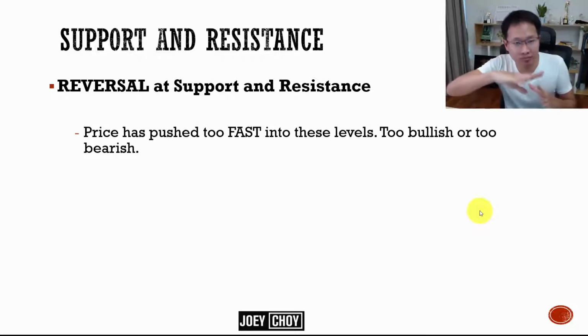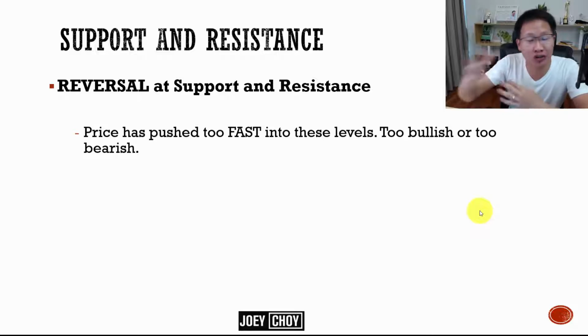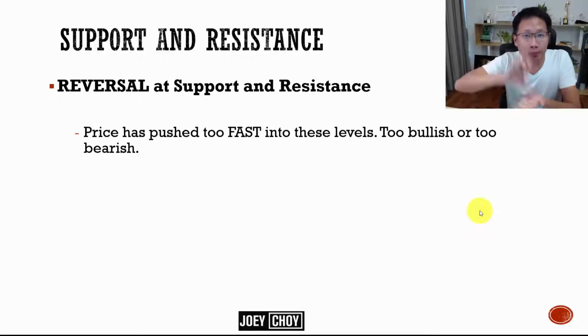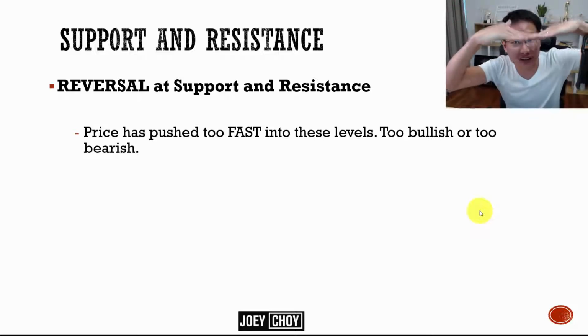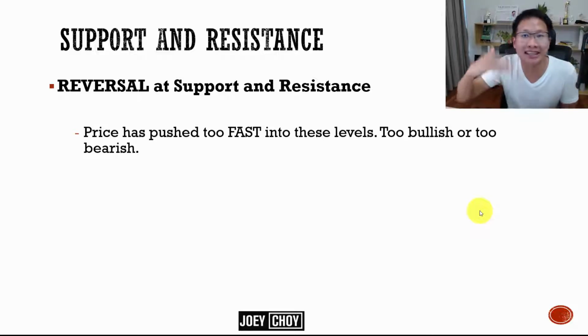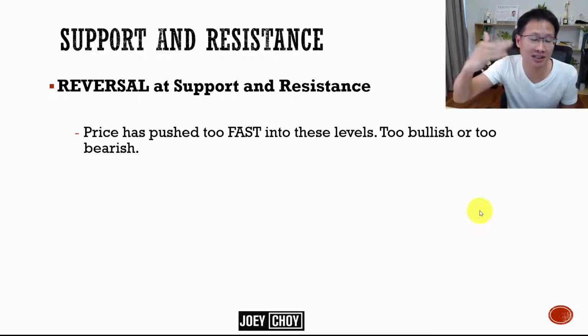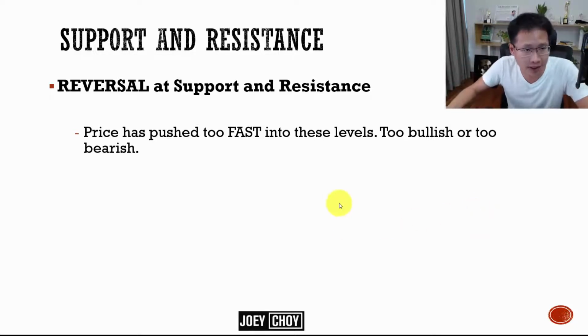And right now we are seeing very strong bullish green candles coming out, and a couple of green candles pop, and price hits really fast, very bullishly into that resistance level. So when that happens, too fast and too bullish, that is where most likely that resistance level will hold, and as it approaches that resistance, we can see selling again. I'll show you some case studies later in a bit, but that's what I mean.